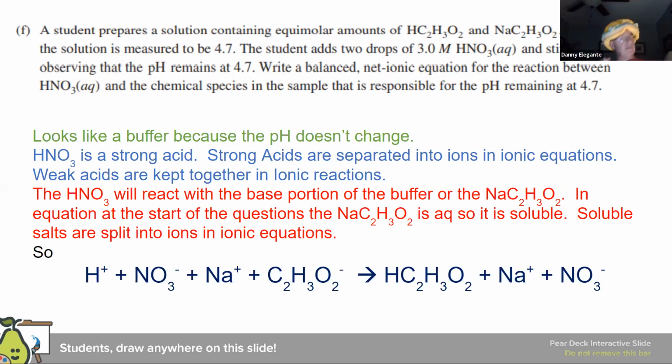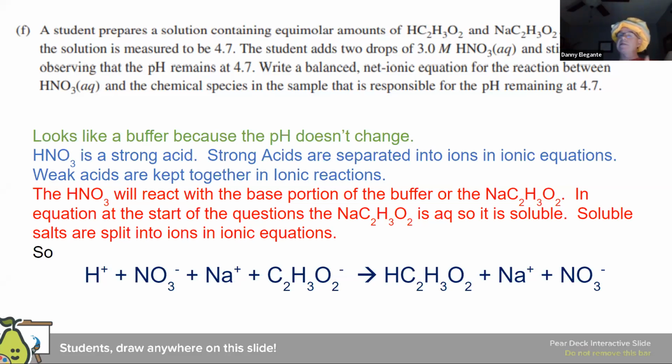We don't want to separate those. That's only strong acids, not weak. But we do want to split apart the sodium ion and the nitrate ion because, again, those are going to be soluble things, right? So this is what we call our complete ionic equation.